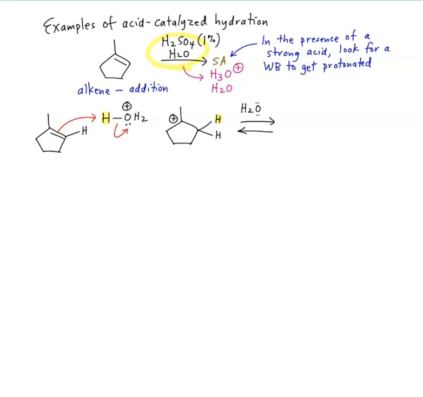In the second step, a water molecule acts as a nucleophile and attacks that carbocation. In doing so, the oxygen atom forms a bond to the carbon that had the positive charge. The hydrogens and the other lone pair that were attached to that oxygen come along for the ride, and you get this intermediate.